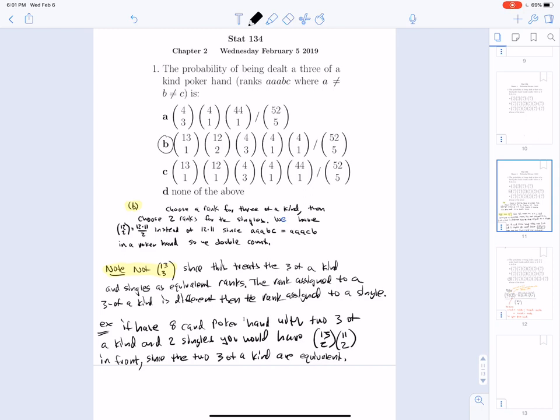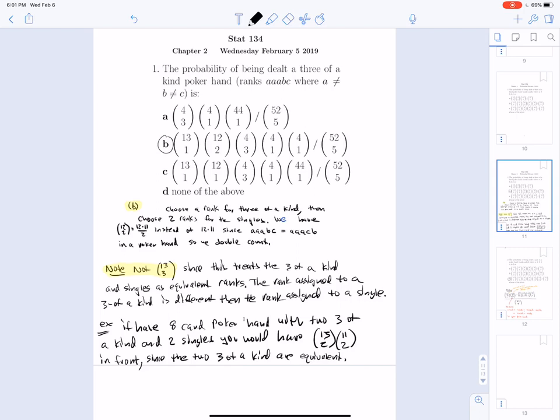So the two singles I'm going to choose 2 ranks for. So out of the 12 remaining ranks, I'm choosing 2. And now my A, B's, and C's are chosen. So I've separately chosen the A's from the B, C's because the A is distinguishable from the B's and C's.